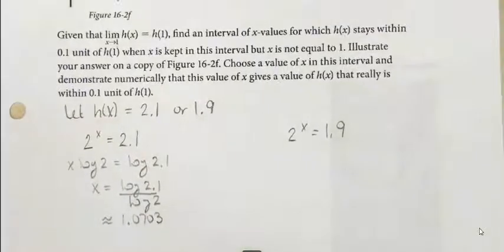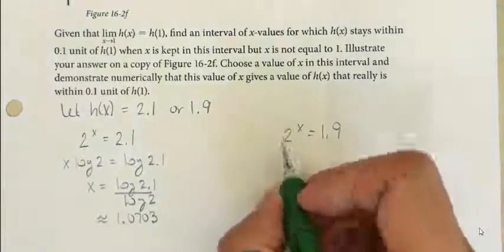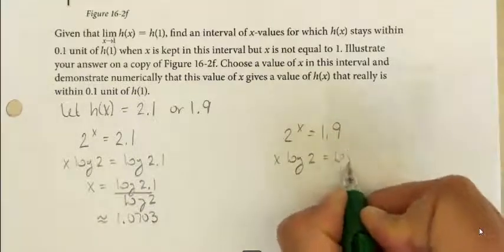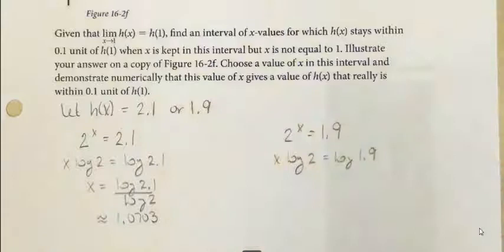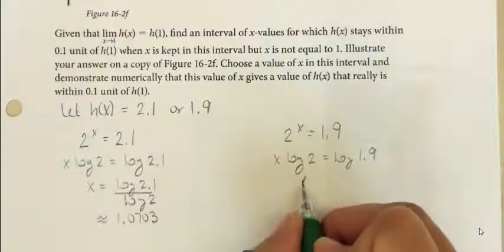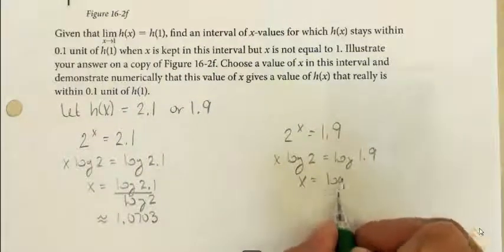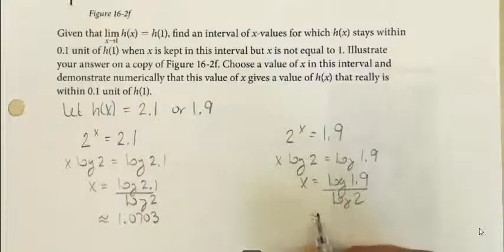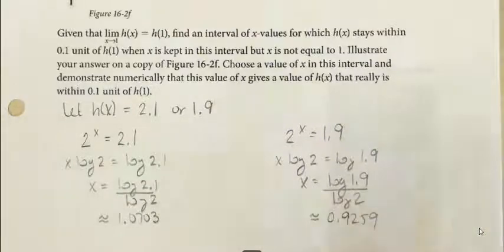So that's one of them. And then doing that on the other side, solving, we end up with x equals log of 1.9 divided by log of 2, which gives us approximately 0.9259.